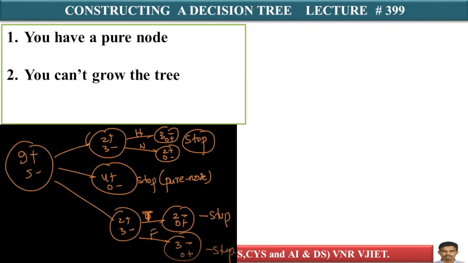Your second option is you can't grow the tree anymore because you don't have enough points. This is important, I will repeat. Second option is you can't grow the tree anymore because you don't have enough points, or I can say a lack of points.